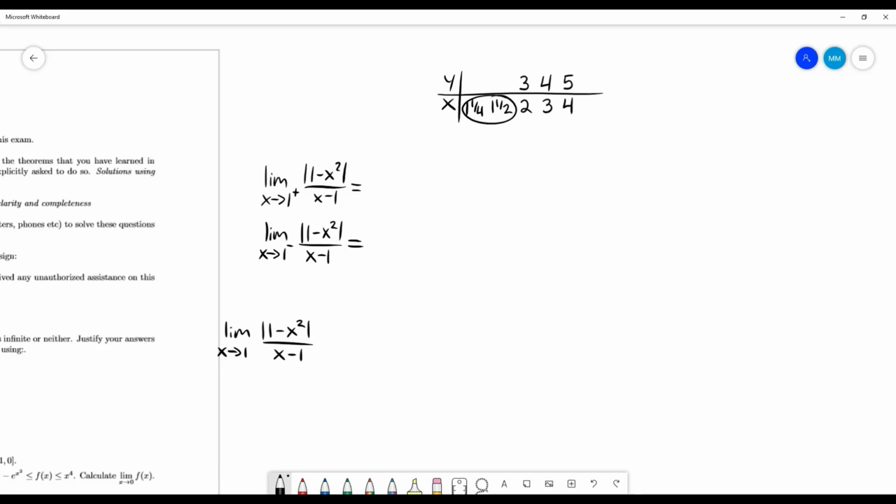But as we get closer to 1, let's see what happens if I plug in that 1 1/2. I know 1 1/2 is the same as 3 halves. 3 halves squared is 9 halves. 1 minus 9 halves is going to be negative 7 halves, but in that absolute value comes out to 7 over 2.